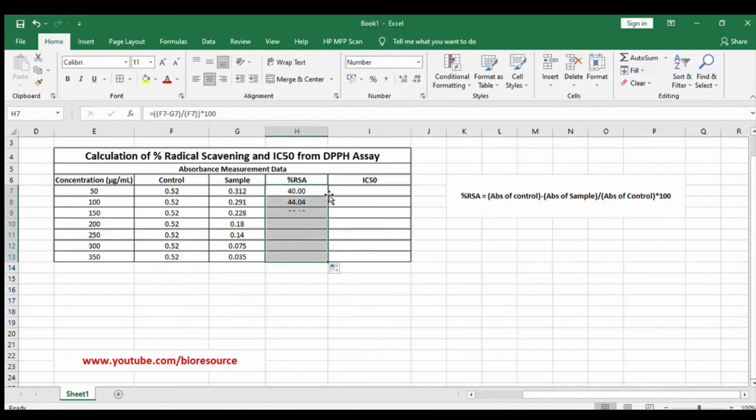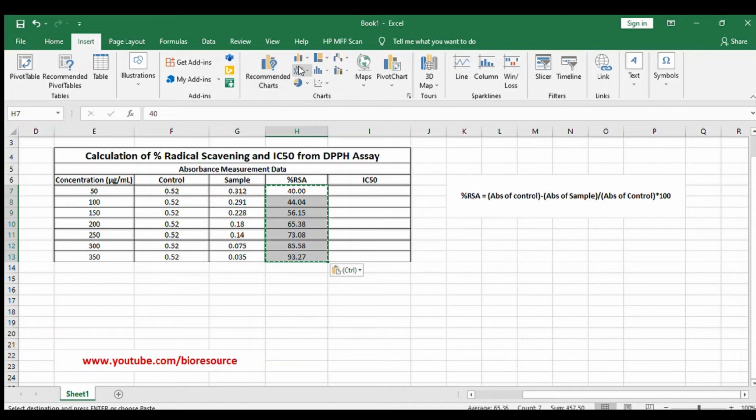You can just drag this to get the value for all these samples. Now from this we can plot a standard curve. I'm just pasting as values so that it will not change, otherwise the formula will be copied. So I'm using this data for plotting.